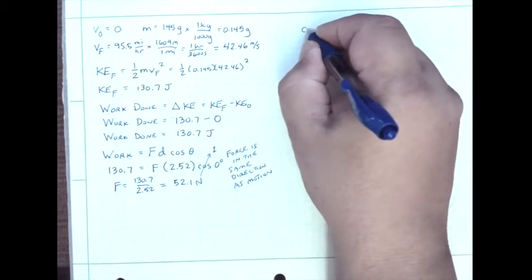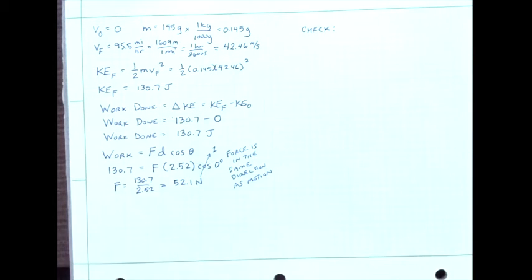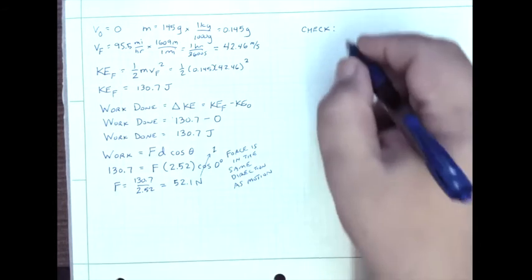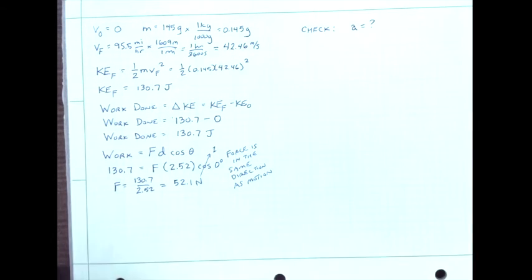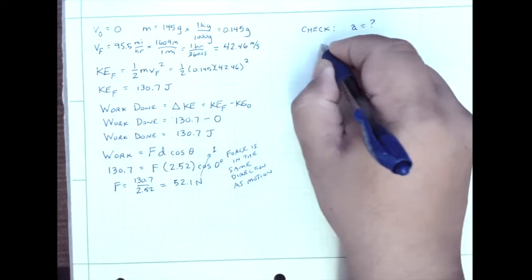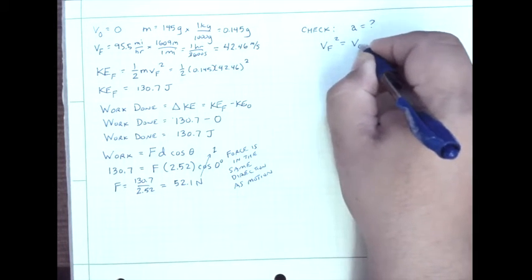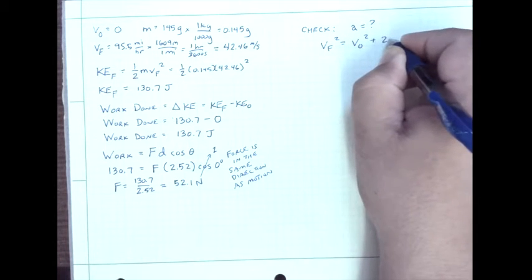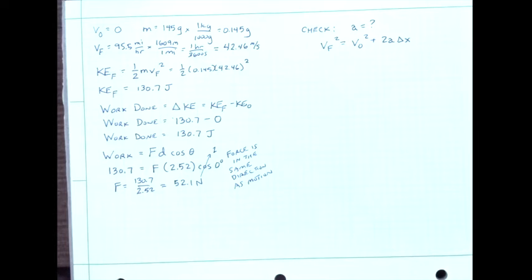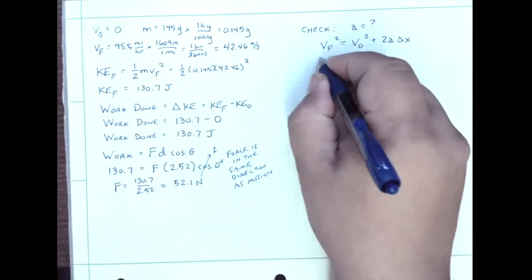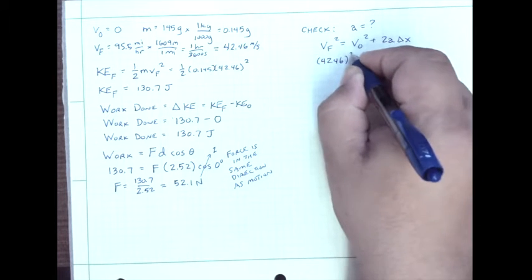There is a way that we can check this by using an alternate means of calculation. We can find the acceleration of the ball using one of our kinematics equations from earlier on. V final squared equals V naught squared plus 2 times a times the displacement. In this case, the final velocity is 42.46 meters per second.